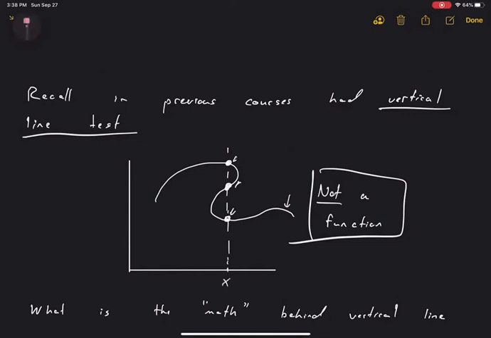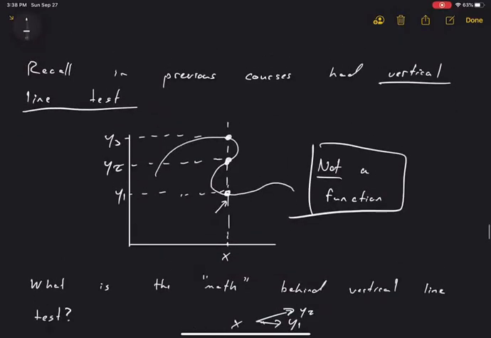So when you have a curve like this, what your curve is saying is essentially, I'm taking that X and pairing it up with this y, y1, with that y, y2, and with that y, y3. So that's the reasoning of the vertical line test. If our vertical line hits a curve more than once, that means you're pairing one x up with more than one y, so not a function.